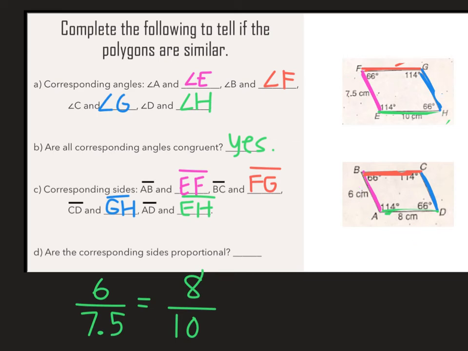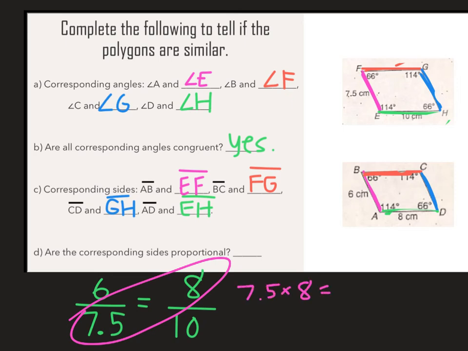So a couple ways you can do this. One way is using that butterfly method, totally fine. Or you can figure out if there's a nice number you can multiply or divide by. In this case, butterfly method seems to look a lot nicer because I know there's no simple number to go from 6 to 8, and 7.5 to 10. So I'm going to cross multiply 7.5 times 8.